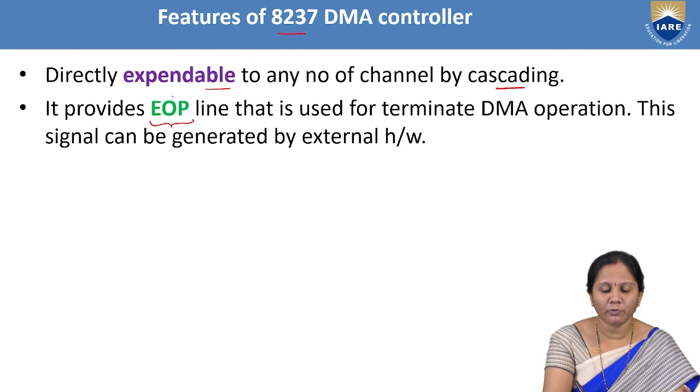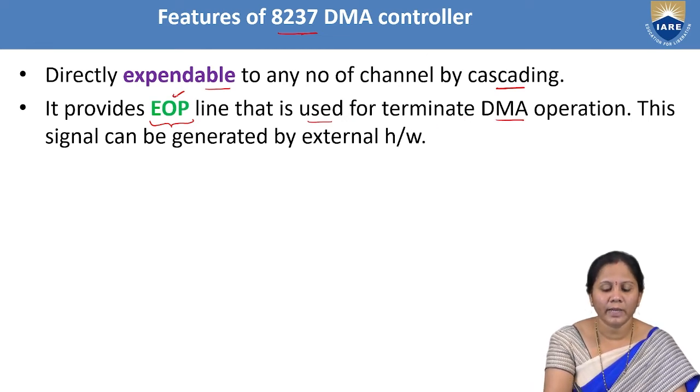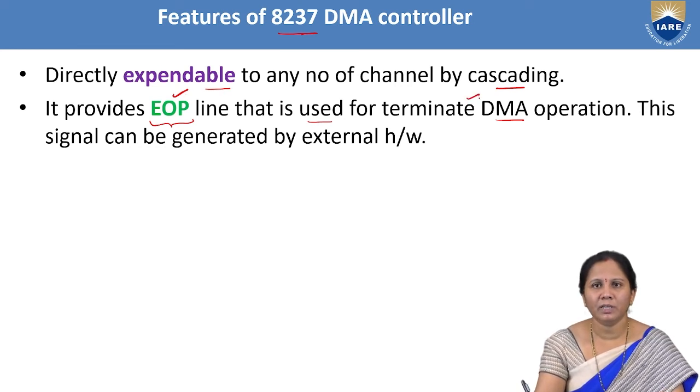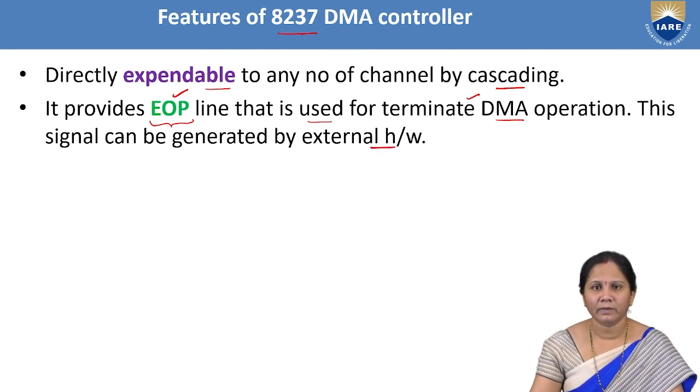So this end of process signal is available in this 8237 DMA controller. Generally this signal is used for termination of the DMA operation. That is why it is called end of process. So end of process means termination of DMA operation. Generally this signal can be enabled with the help of external hardware.